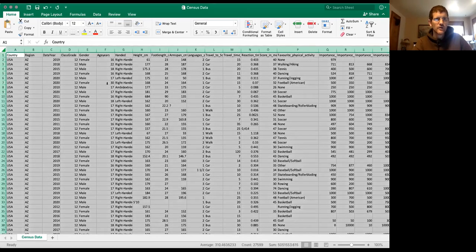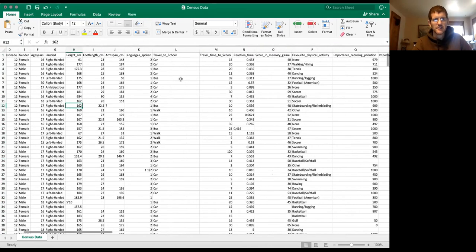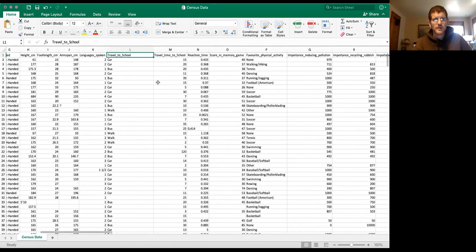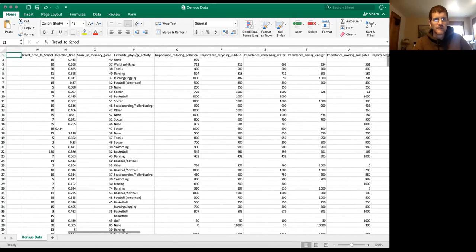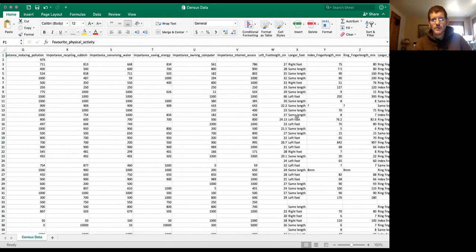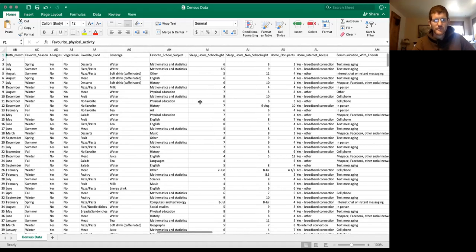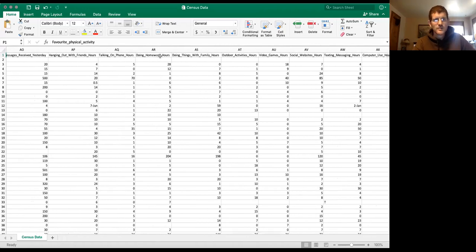All right, so we've got arm span. We've got the mode of travel to school. We've got favorite physical activity. So we've got categorical data, and we've got some quantitative data. So from here, you can use this data to figure out what you want your project to be. Like, here's hours doing homework.